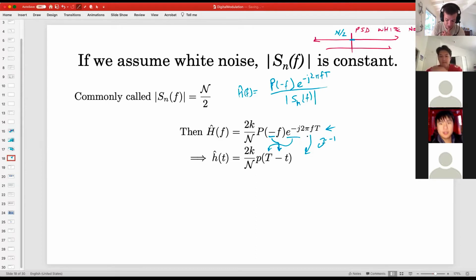Okay, so those are two basic Fourier transform properties. That reversal of frequency will also reverse your time, and then this is the Fourier transform of a time delay, which becomes a time advance in reverse time.